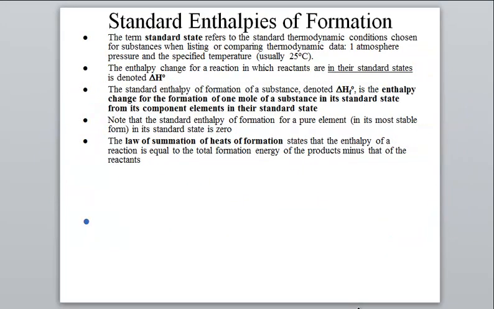One last topic to introduce in this chapter is standard enthalpy of formation. And this is the energy change that happens when a chemical is formed from its elements, and the elements are in their most stable state.